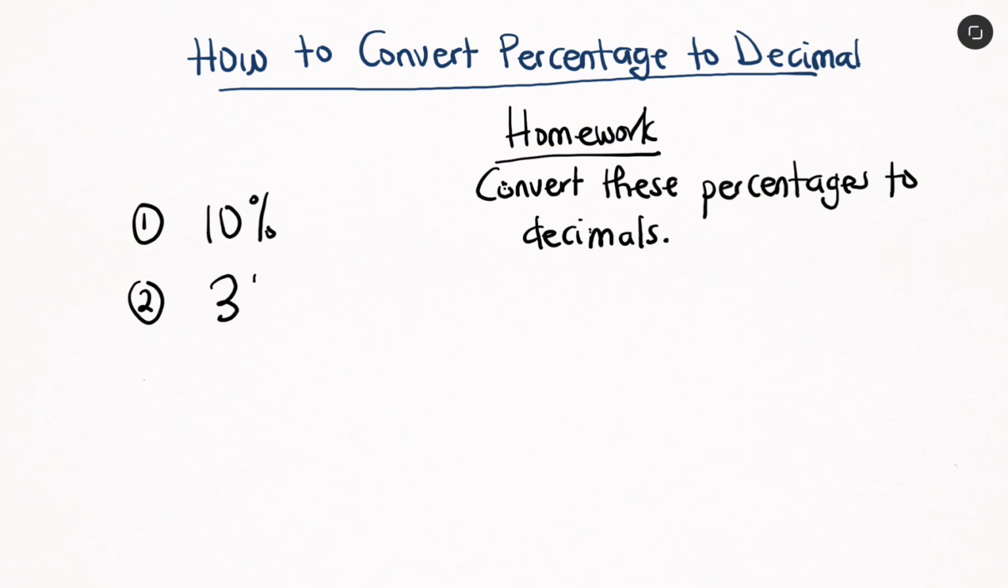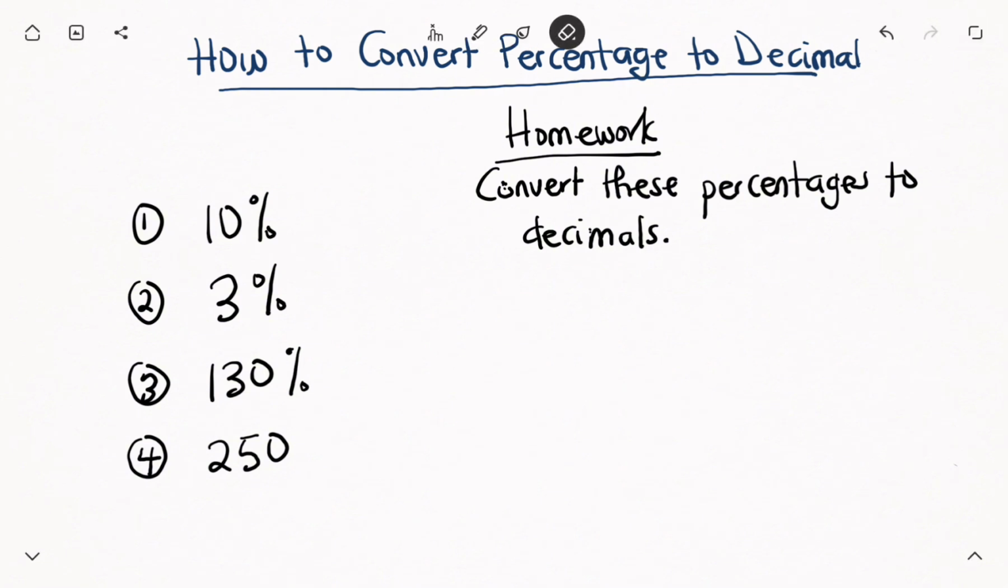The second example is 3%. The third example is 130%. The fourth example is 205%.